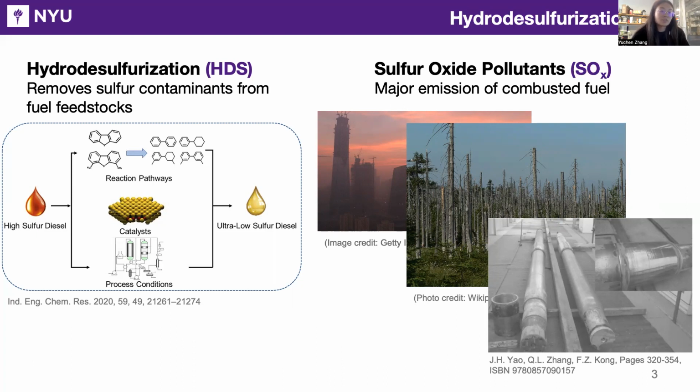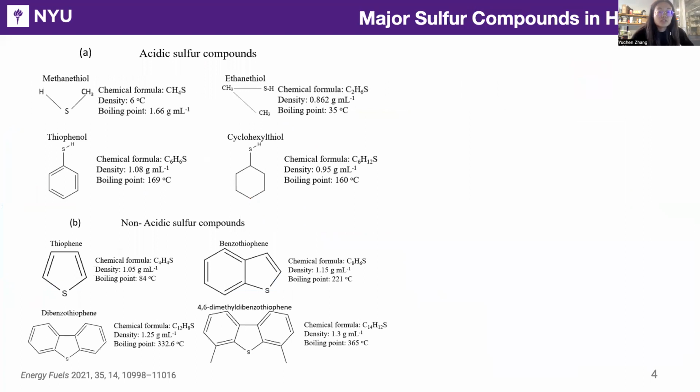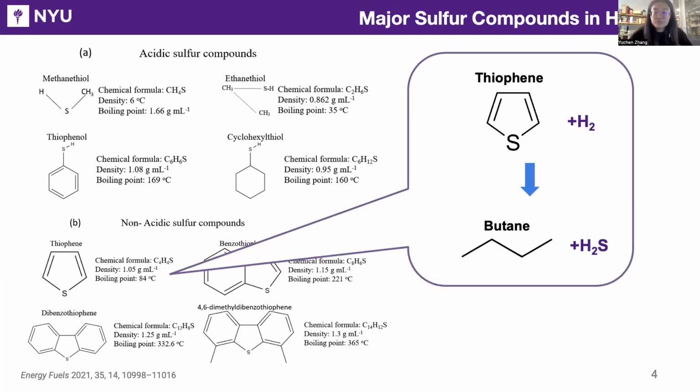This figure shows major sulfur compounds in crude oil classified as either acidic or non-acidic sulfur. Acidic sulfur compounds are reactive and easy to remove, while non-acidic sulfur compounds are stable and robust during HDS.